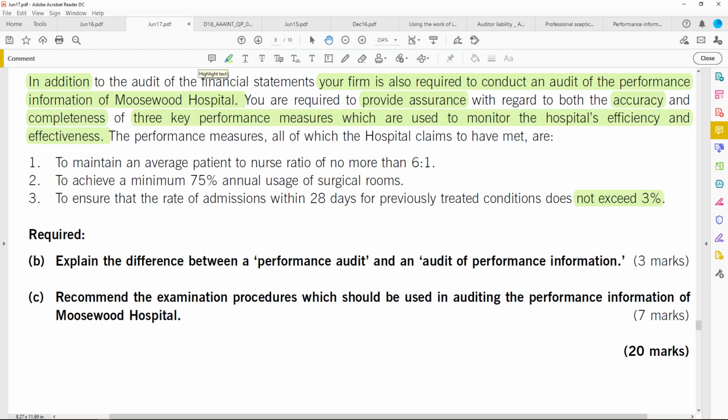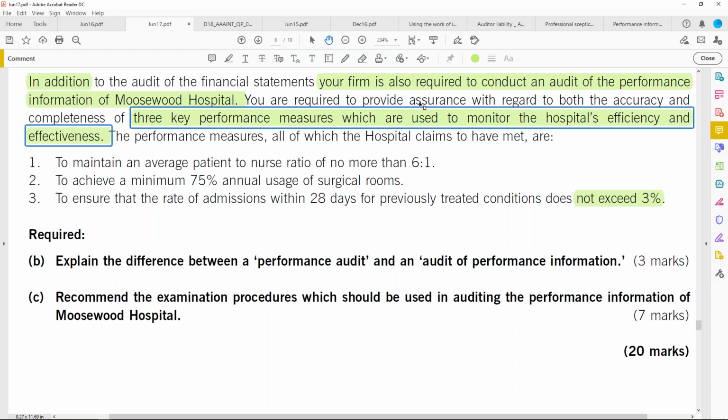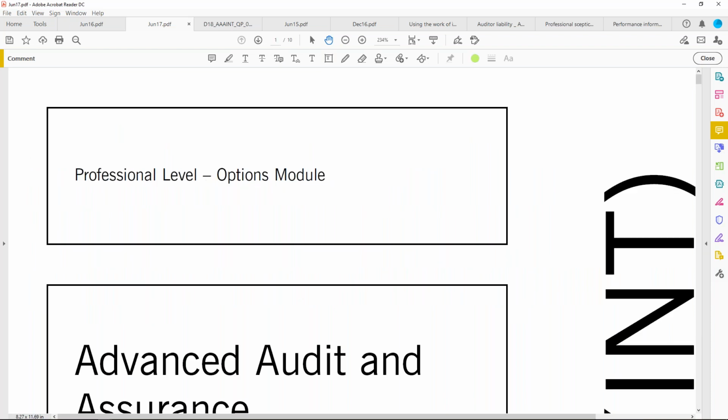So what is our scope? Our scope is, if I can just put that on the Word file for clarity, my scope is, or your scope is, provide an assurance on the accuracy, provide, just 1 minute, sorry.